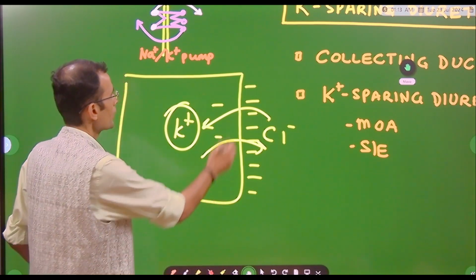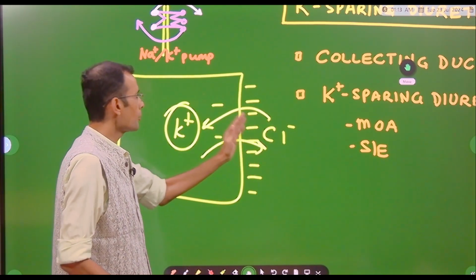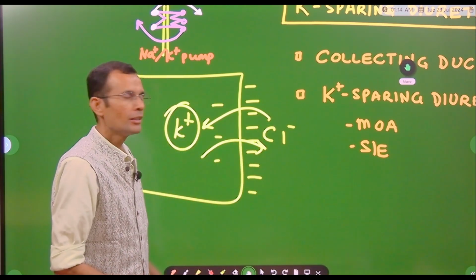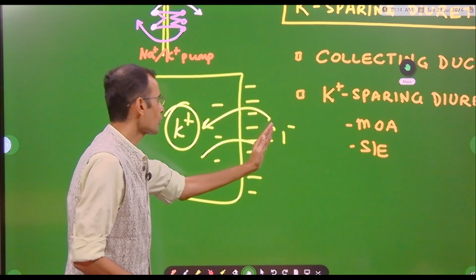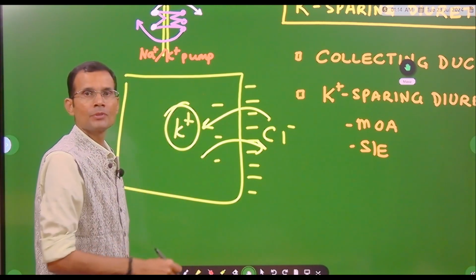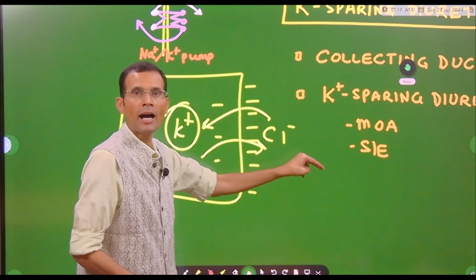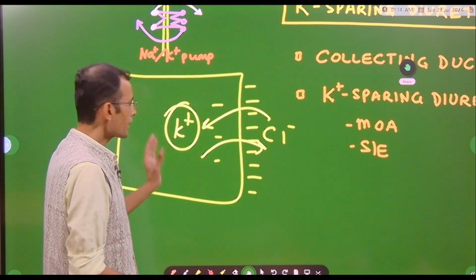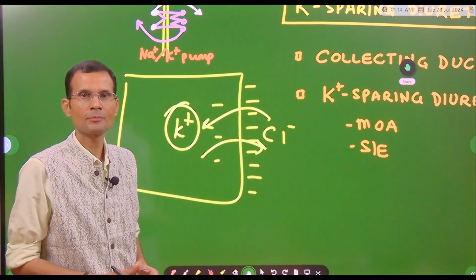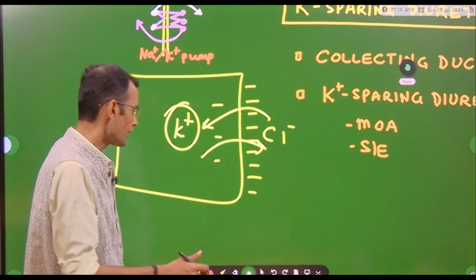For instance, if there are more number of negative charges lined up on one side compared to the other side, then an anion like chloride will diffuse from high number of negative charges to low number of negative charges, or a cation like potassium will move towards the high number of negative charges. A cation will be, in a sense, attracted towards the high number of negative charges. So this is one principle that should be kept in mind when we discuss this category.